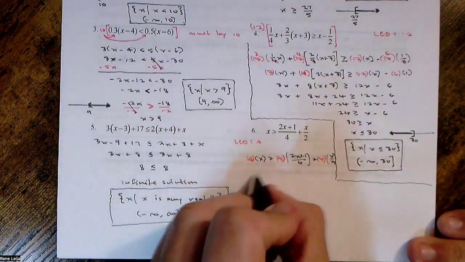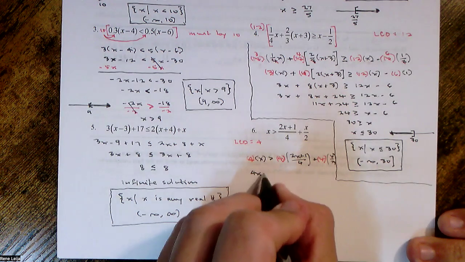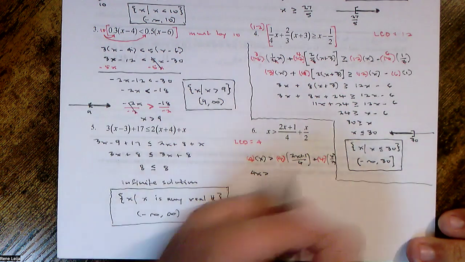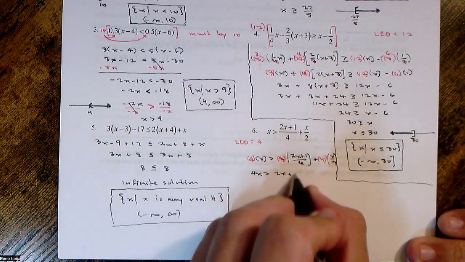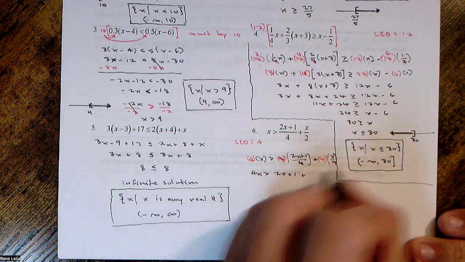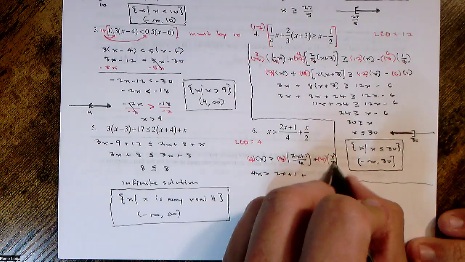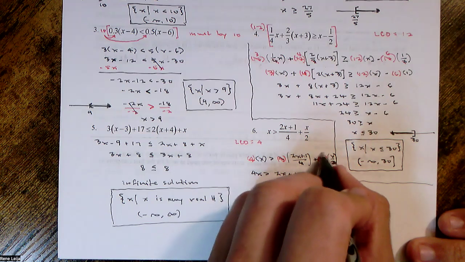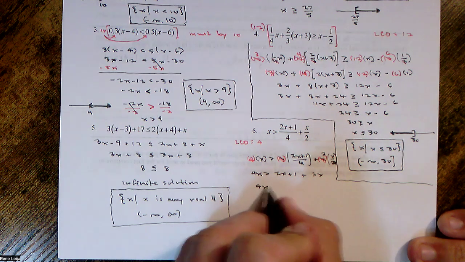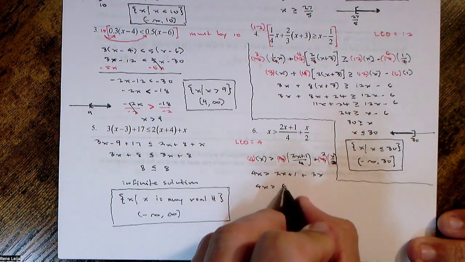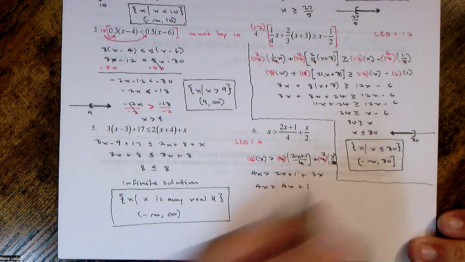Okay, so this is just a 4x is greater than, these 4's get knocked out, so we're just left with 2x plus 1 plus, 2 goes into 4 2 times, so that's a 2x. So we get 4x is greater than 4x plus 1.